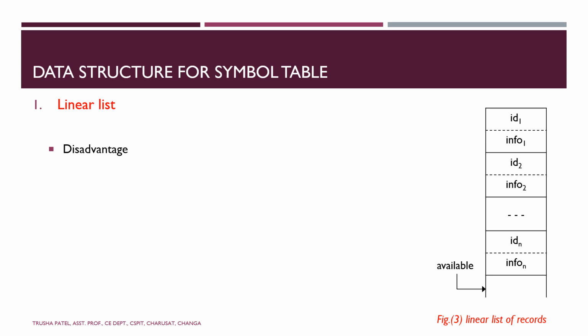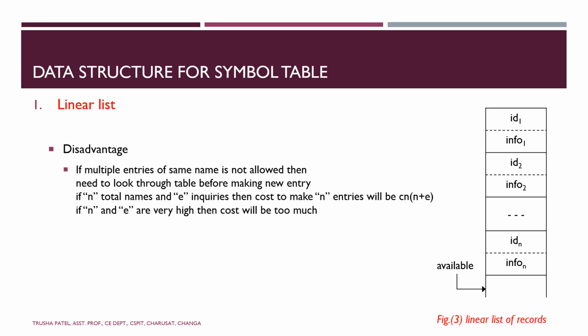Now the disadvantage of this is, if we are not going to support multiple variables having the same name, like we don't want the identifiers float a and character a, right? If you don't want to support that kind of thing, then whenever we want to enter a new variable, we have to search the list first, and if the variable is not found, then we do the entry.